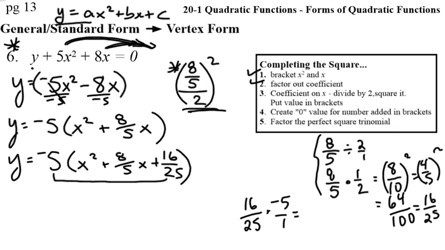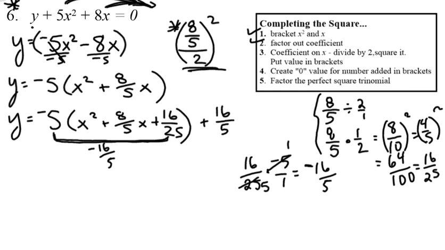Again, 16/25 got added, but when I multiply it by the -5, it's going to be negative. We should be comfortable with fractions. To simplify, that's a 1 and a 5. 16/5 negative. So we put in a -16/5. To counteract, I need to add a 16/5. So the fraction makes it a little trickier, but it's all basic fraction calculations.